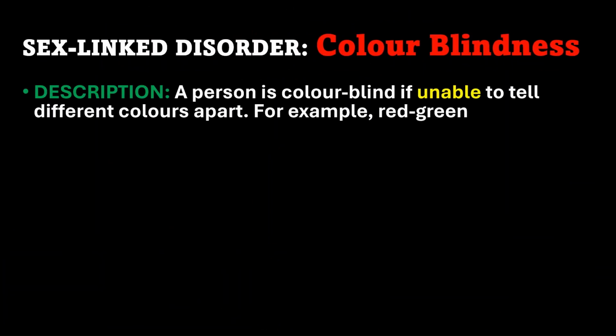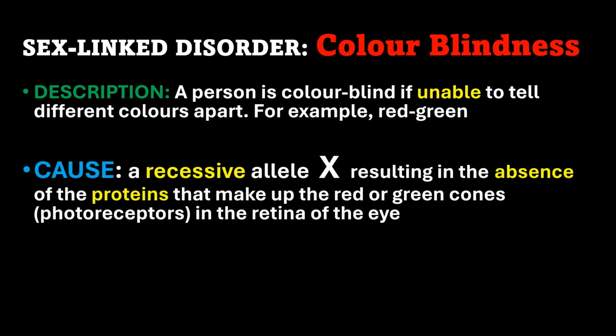So let's look at color blindness in the same way. You have to know the meaning. A person is colorblind if he or she is unable to tell different colors apart, for example, red and green. What is the cause? It's a sex-linked disorder.